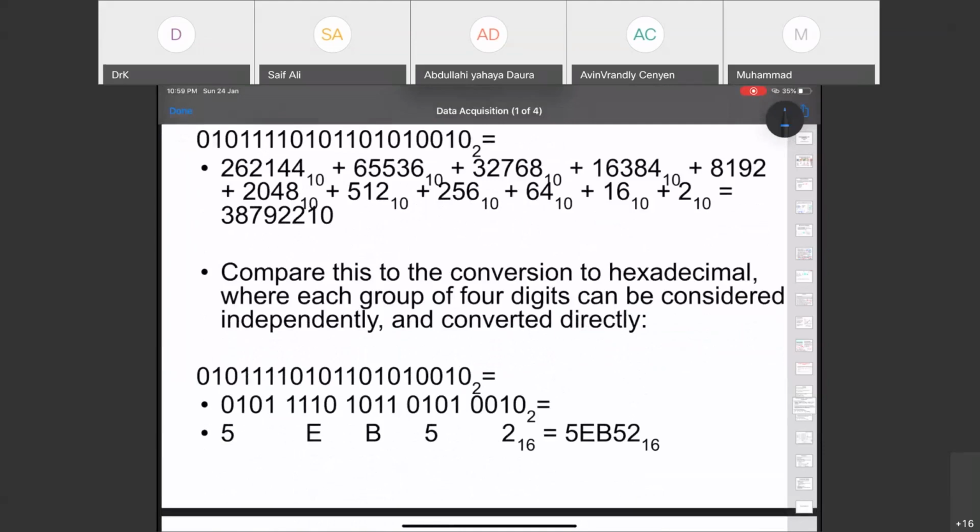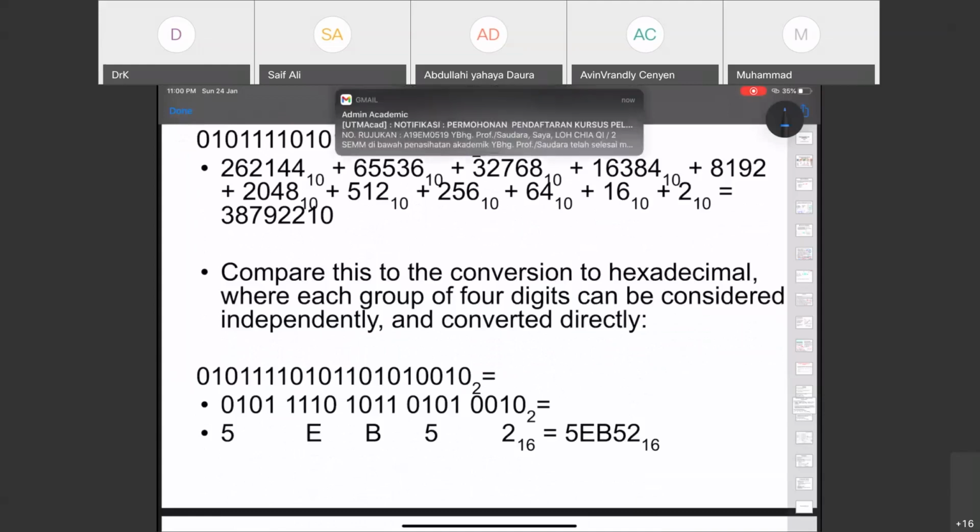I have a question here from Muhammad, I think. Muhammad says sampling rate is on the x-axis, while resolution is on the y-axis.